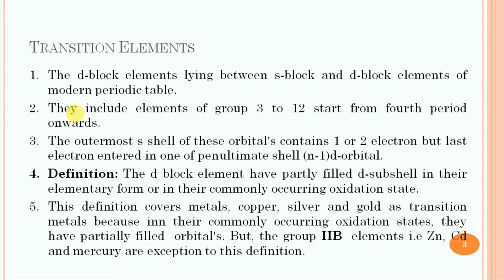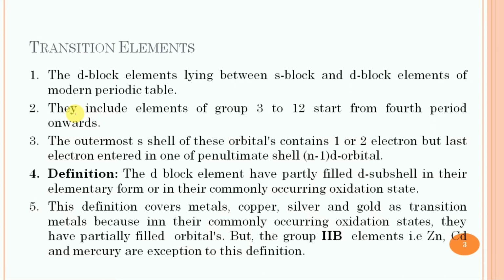So let us start with the introduction. According to periodic classification of elements, the elements can be broadly divided into 4 blocks, namely s, p, d and f blocks. The division is based upon the type of atomic orbital which received the last electron in the atom.